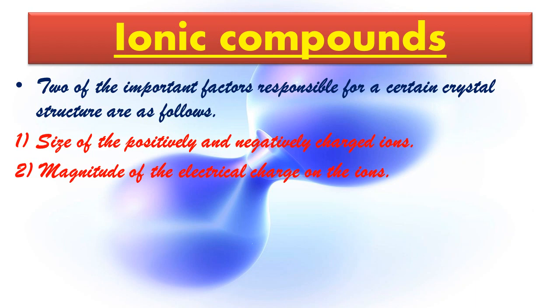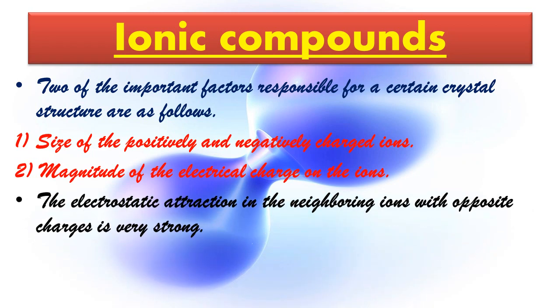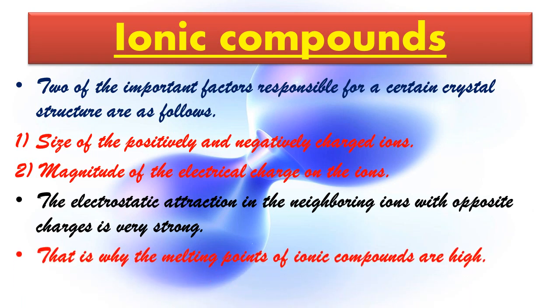And the electrostatic force of attraction between the positively charged and negatively charged neighboring ions with opposite charges is very strong, and that is why the melting points of ionic compounds are high, and also ionic compounds are hard and brittle.